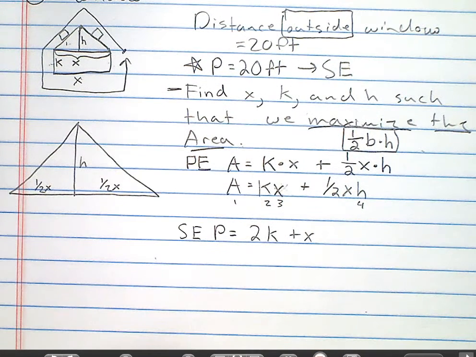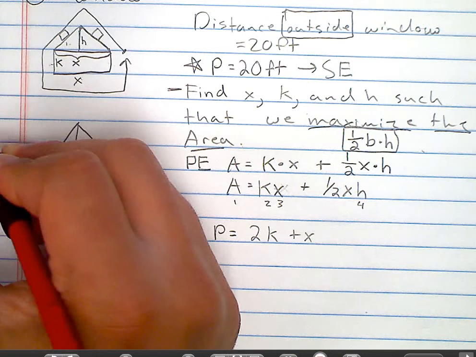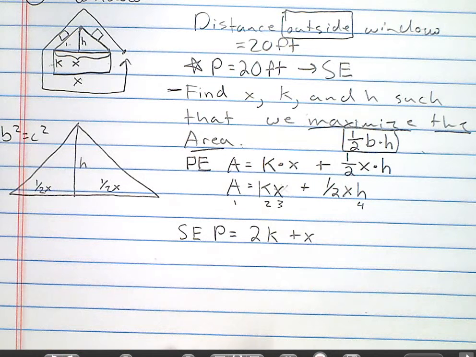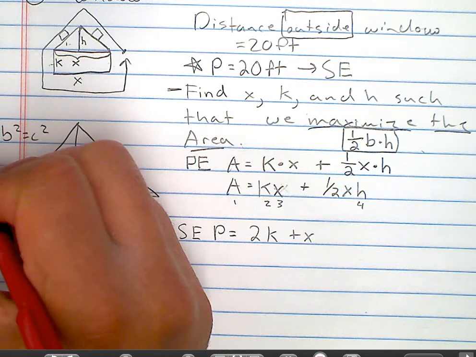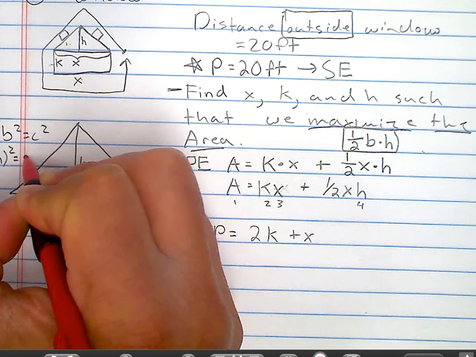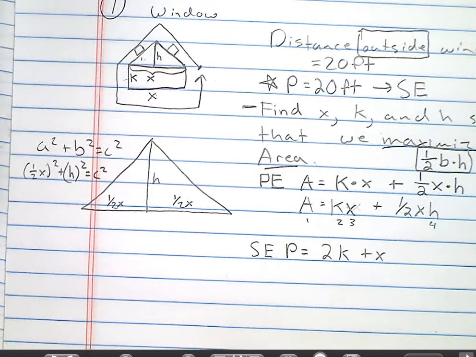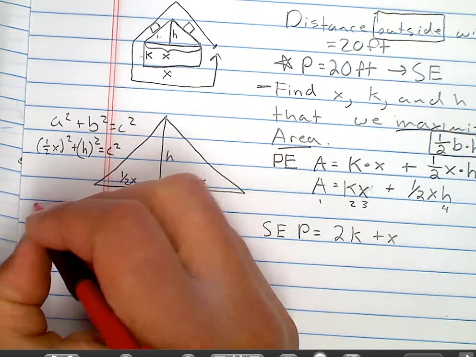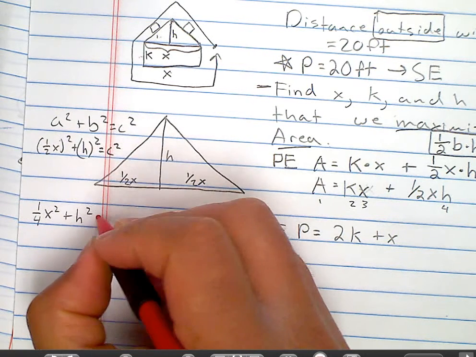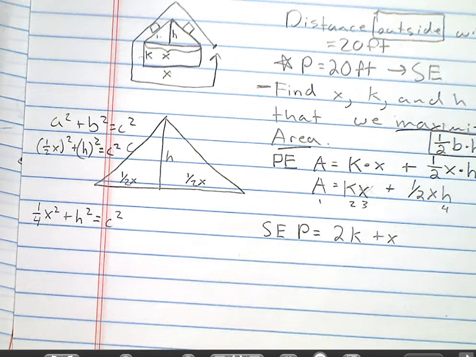Okay. So what did the Pythagorean theorem tell me to do right here? This is a squared plus b squared equals c squared. It would be 1/2 X times 1/2 X, which is 1/4 X squared, plus H squared equals this c squared.